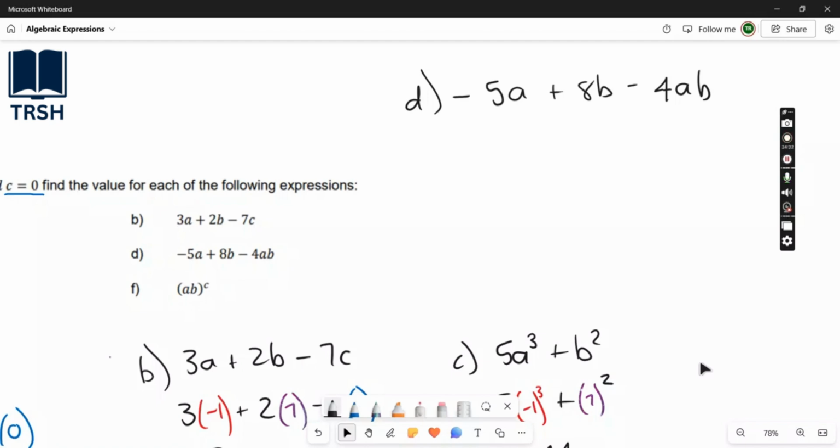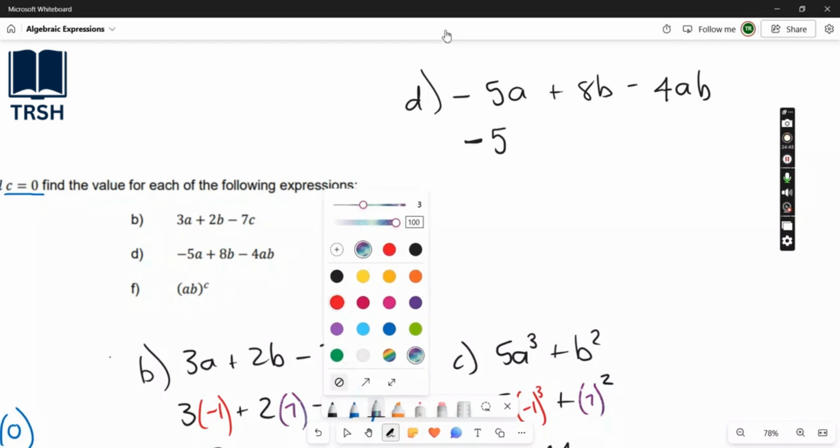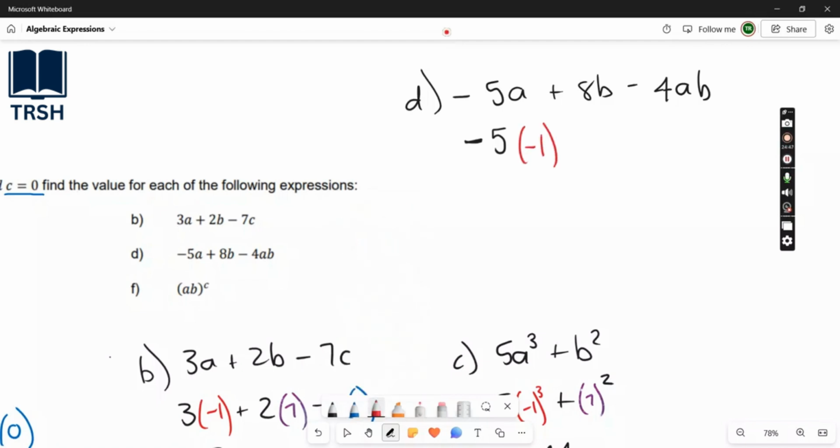Guys, our value for A is -1. If we have this negative, it needs to stay there. So we still keep -5. And then we have our A value, which is -1, plus 8.